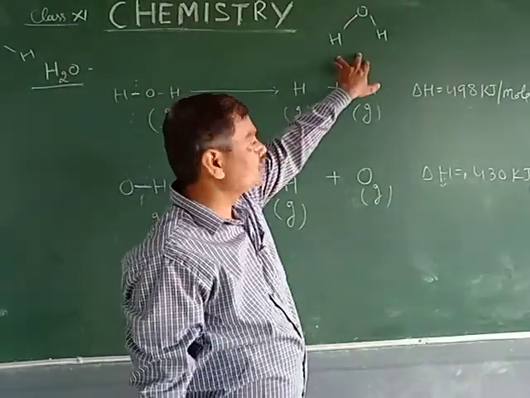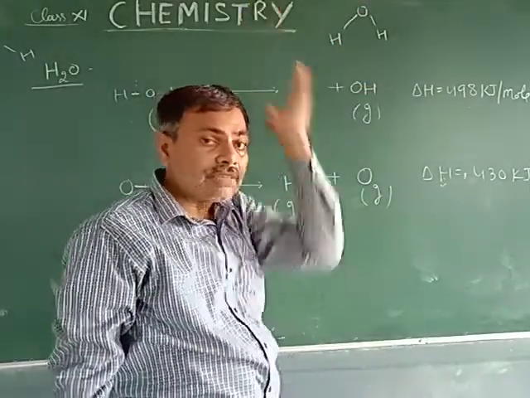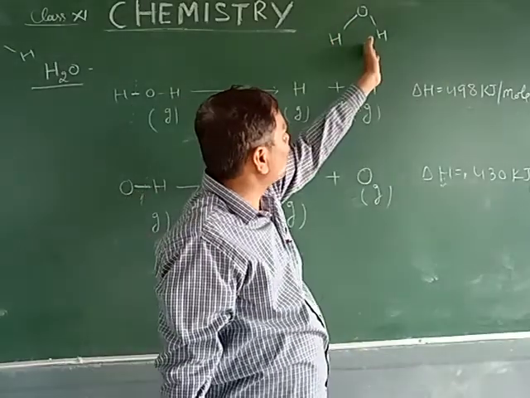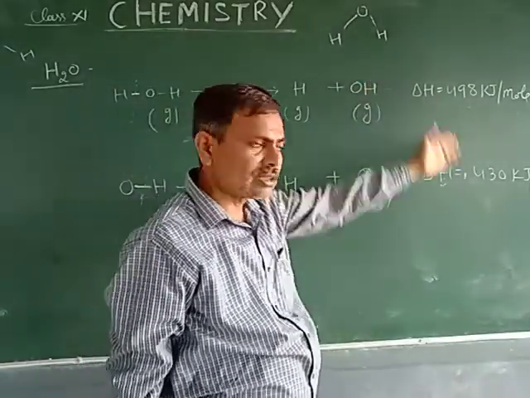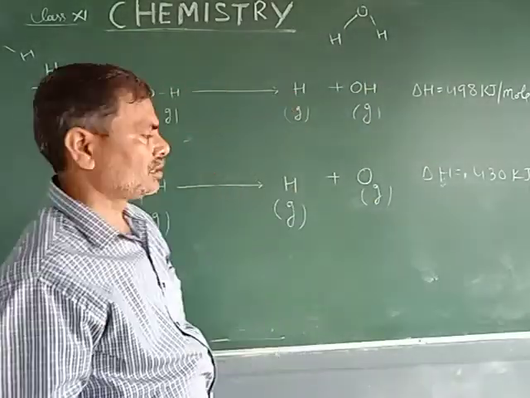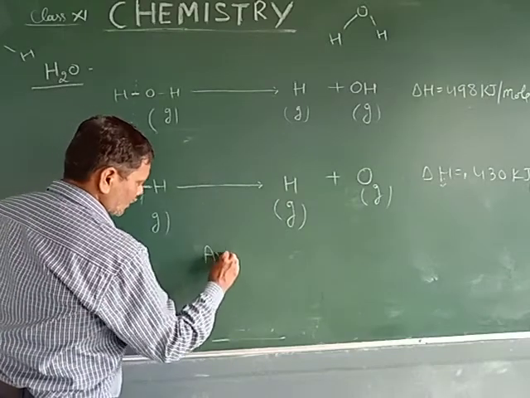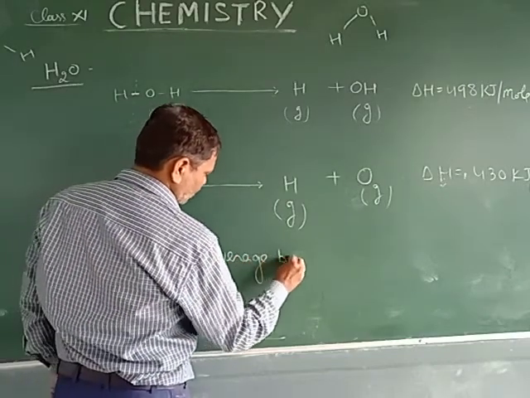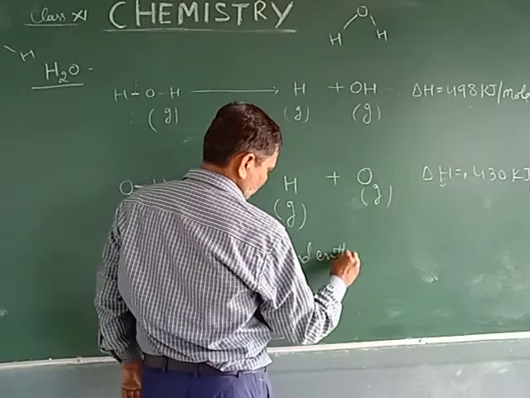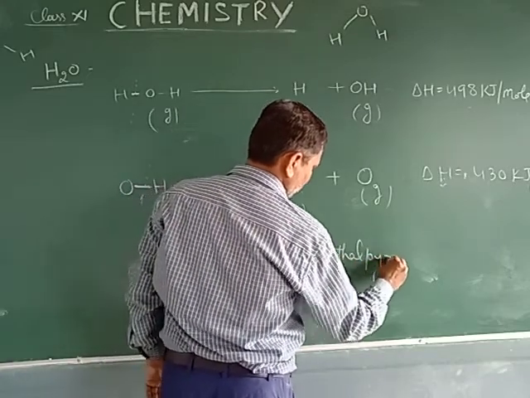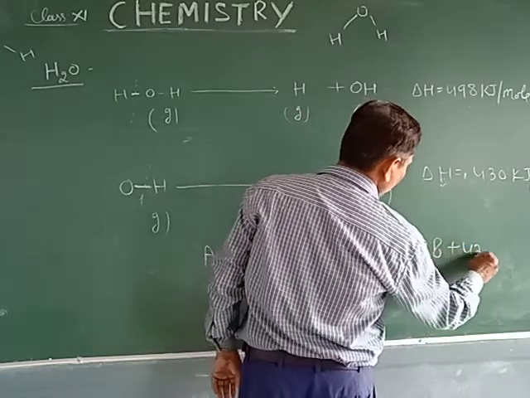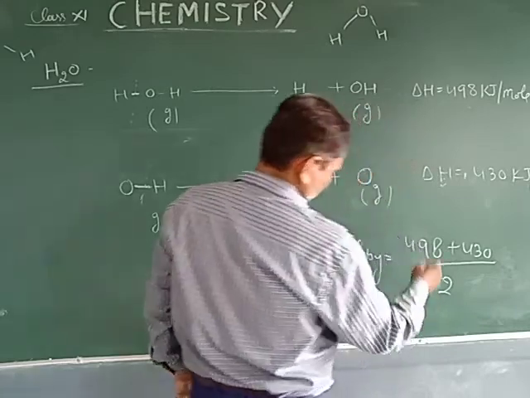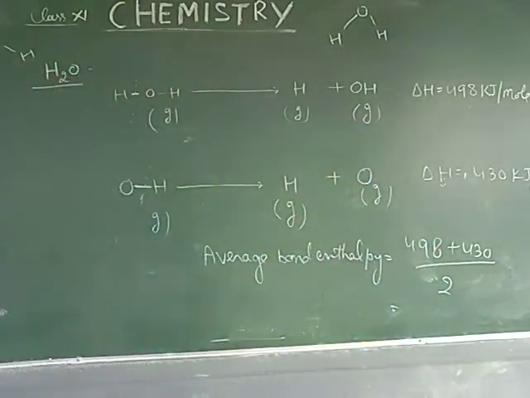I would say hydrogen is bonded with the same oxygen atom, even then the bond dissociation enthalpy is different. You can see with the help of an example. That is the average bond enthalpy, which will be 498 plus 430 upon 2. When you calculate it, you will get the mean bond enthalpy.